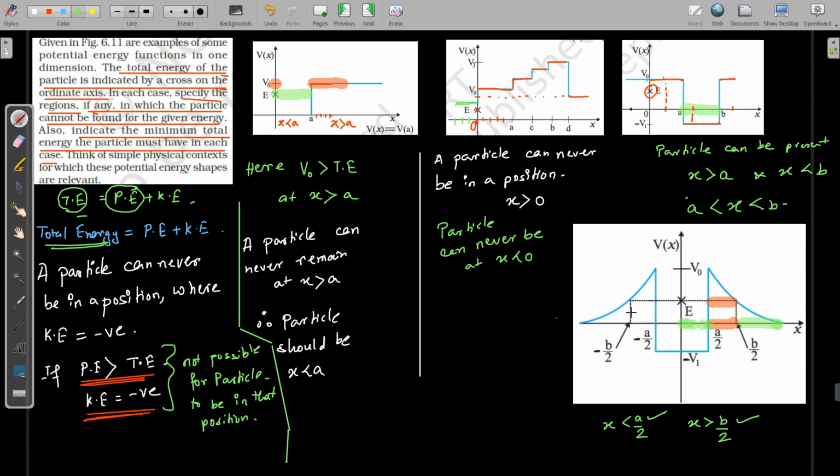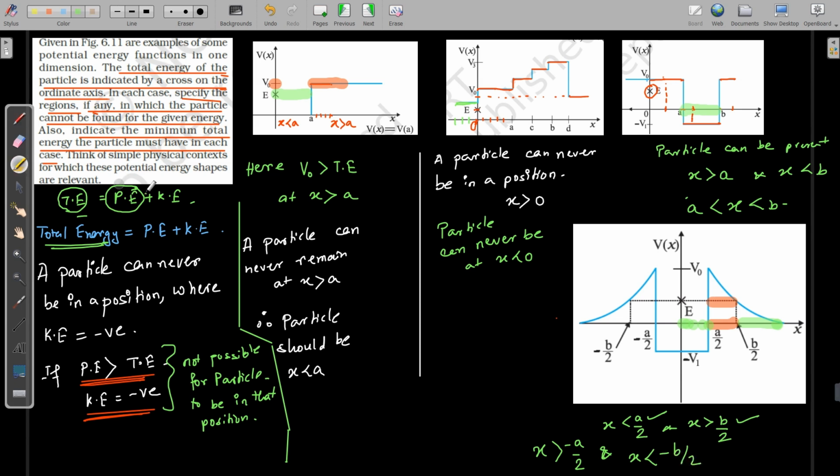And here, this portion, we can say when x is greater than minus a by 2 and x is less than minus b by 2.